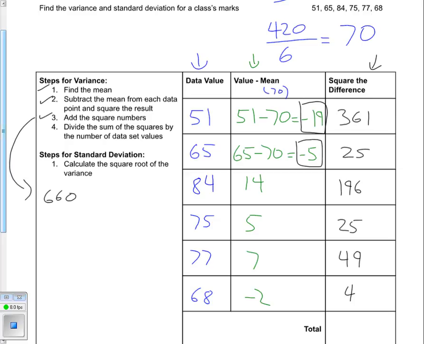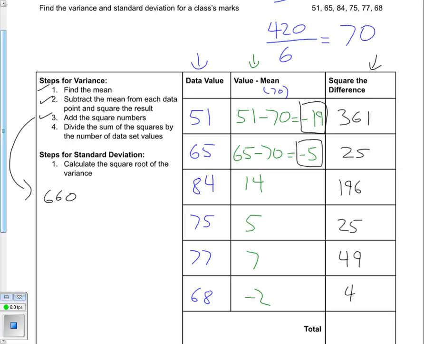That's step 3. Now we're on step 4, where it says divide the sum of the squares by the number of data set values. We know there are 6 numbers in the data set. We can count them here: 51, 65, 84, 75, 77, 68.